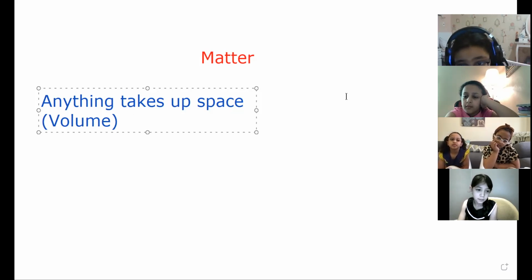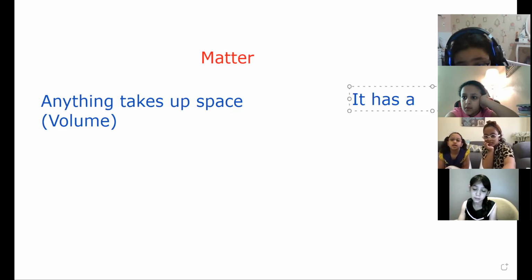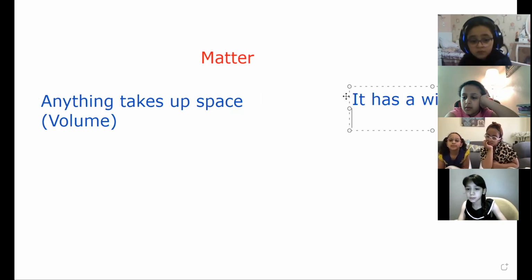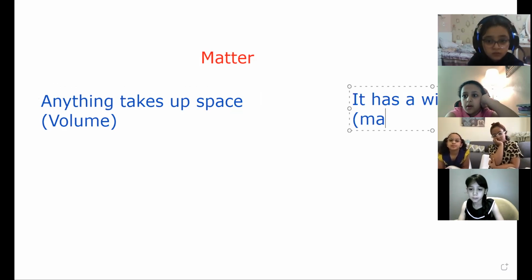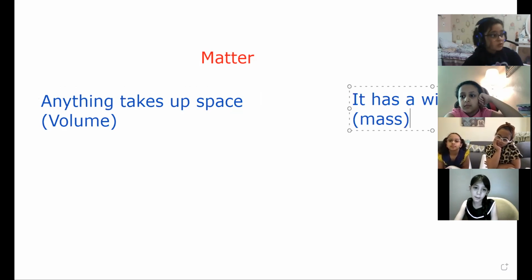Okay. And also it has a weight. What do I mean by weight? Mass. It has weight. What do I mean by weight, or what is mass?